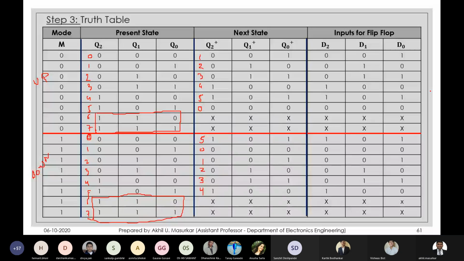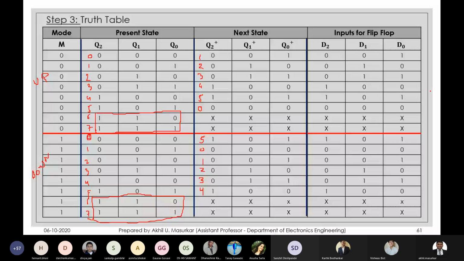That's it. Now you can see that D2, D1 and D0, just because we are using a D flip-flop, will be exactly equal to Q2 plus, Q1 plus and Q0 plus respectively. That is, D2 will be equal to Q2 plus, D1 will be equal to Q1 plus, D0 will be equal to Q0 plus.